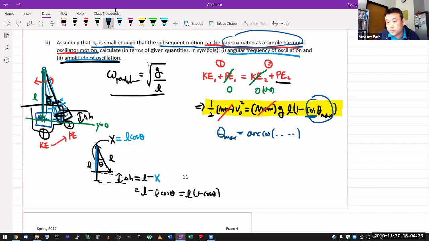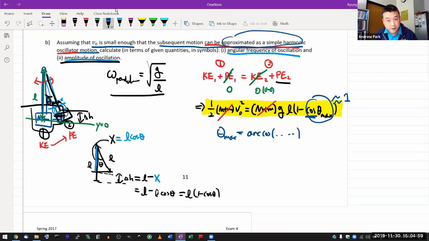What you have to be careful with is, if you say this is approximately equal to 1, you'll get 0, and you won't get an expression that involves theta max. So you have to go to the next step in the small angle approximation. And that's why I'm saying you should feel comfortable with this.